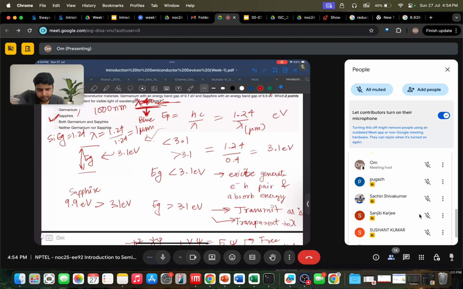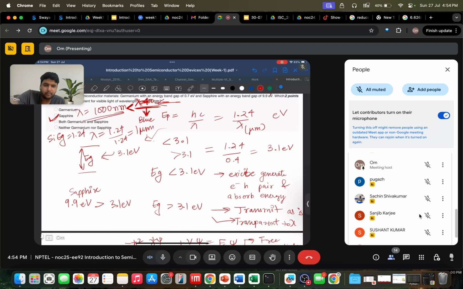Whatever wavelength is lesser than 1000 nanometer will be absorbed.